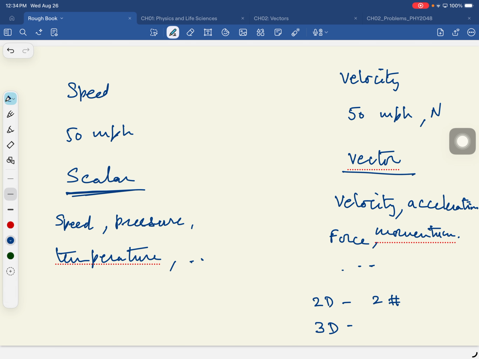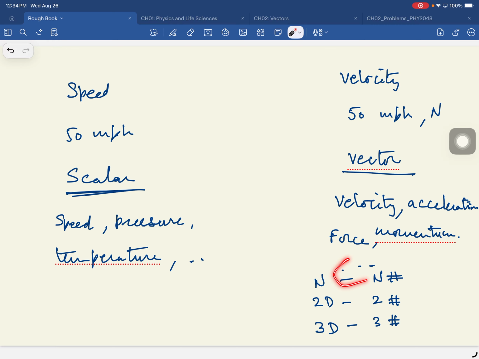In 3 dimensions, you need 3 numbers. In n dimensions, you need n numbers to specify a vector. All right, we won't worry about all of that.